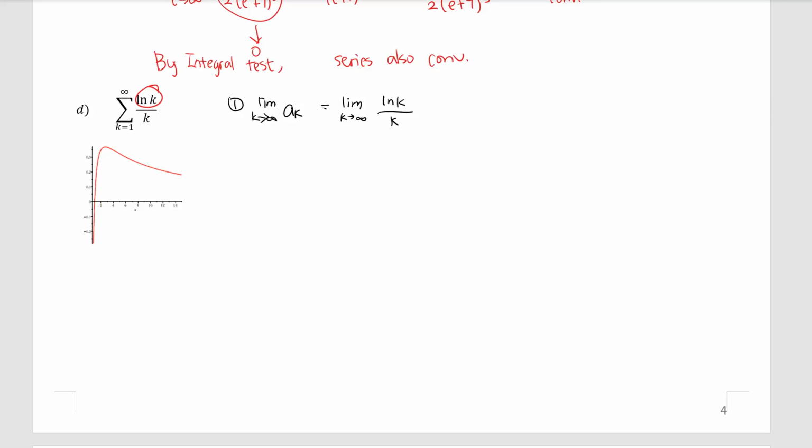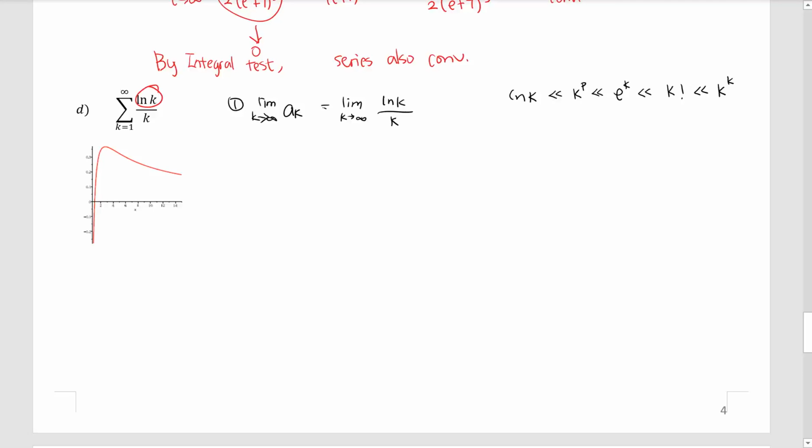If you remember what we talked about in section 8.2, we say ln of k is the slowest. And then we have the polynomial or power function, then we have the exponential function, and then we have k factorial, then we have k to the k. So k to the k is the fastest.